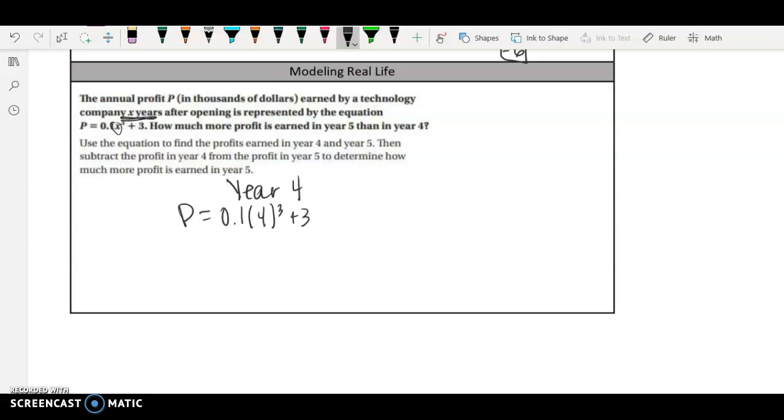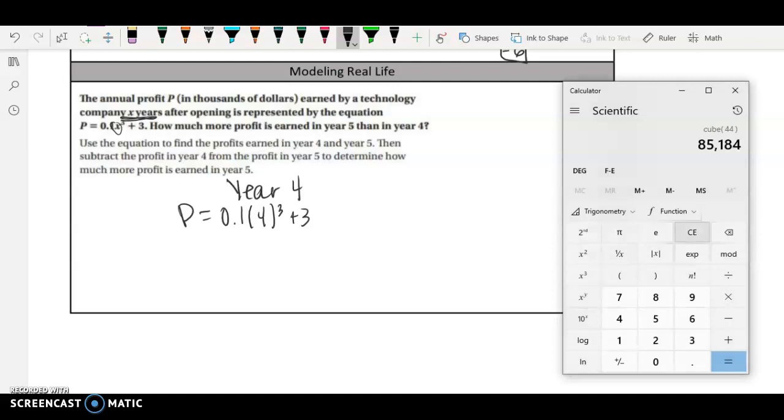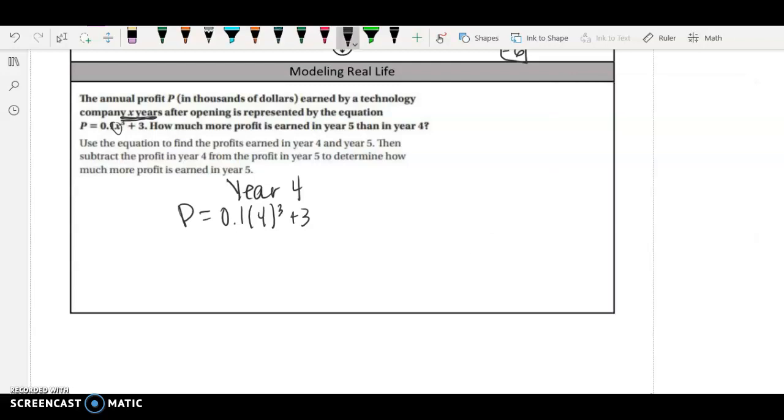So 4 to the third power is 64. So we have 64 times 1/10 plus 3. So 64 times 1/10 is 6.4 plus 3 gives us 9.4. So now let's check for year 5.